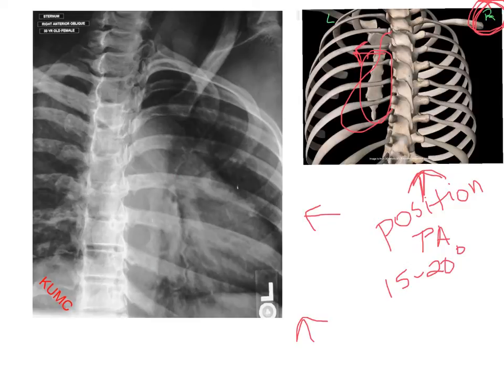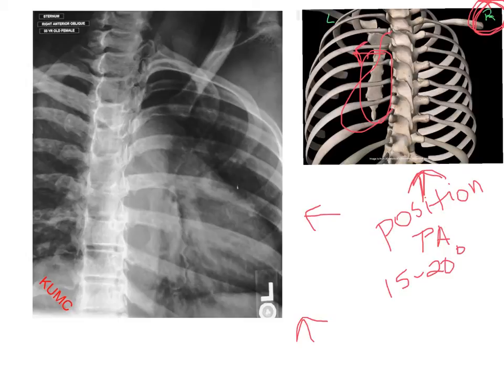Keep in mind that you are going to see a sternum on an RAO chest and/or an RAO unilateral rib projection. So how do you tell the difference? Well, typically you are the x-ray tech doing the image, so you know what you've done to your patient.